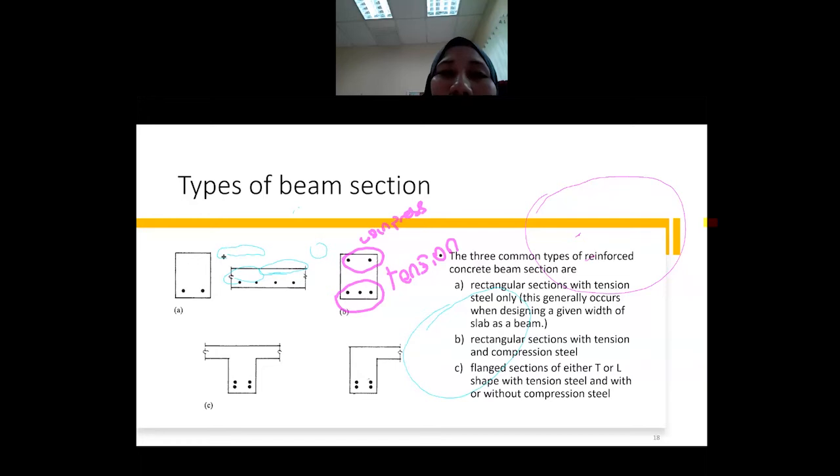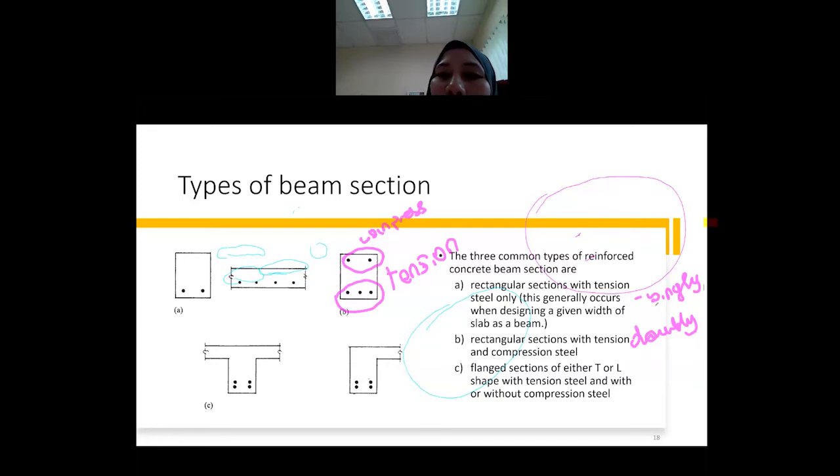The first one, A, we normally call singly, and this one we call doubly. Single and double. So A is singly, only tension bar. But B is doubly because it has compression and tension bars together.